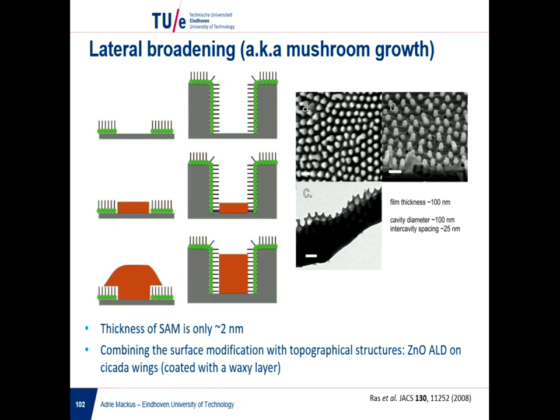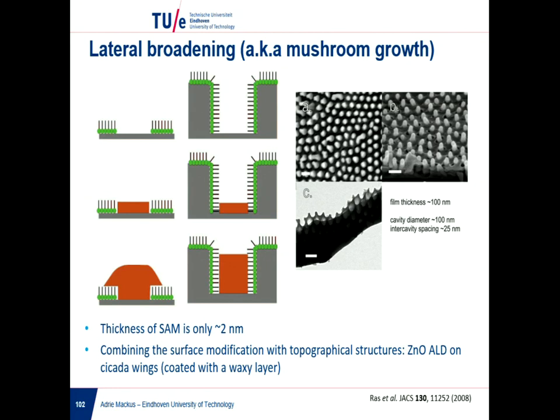in this field. This is a study from the group of Marit Creatore, where they found a nice solution to this. Here they performed a deposition on the wings of a cicada insect. These wings contain holes, and the sidewall of this hole has a waxy layer.